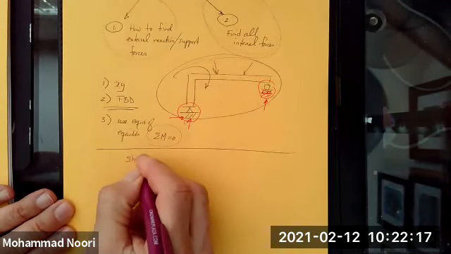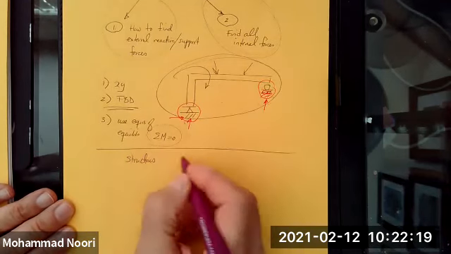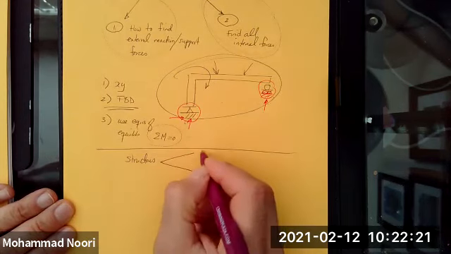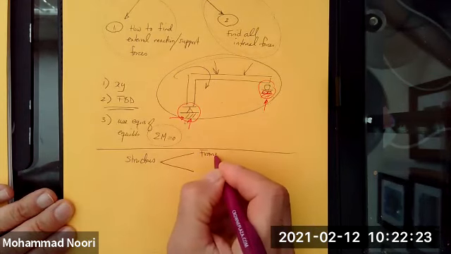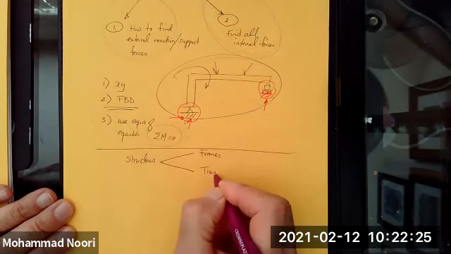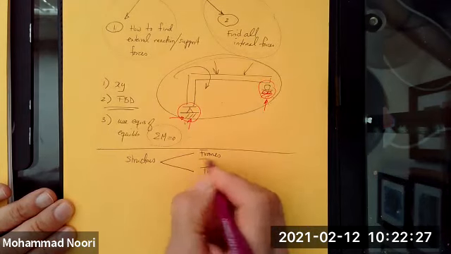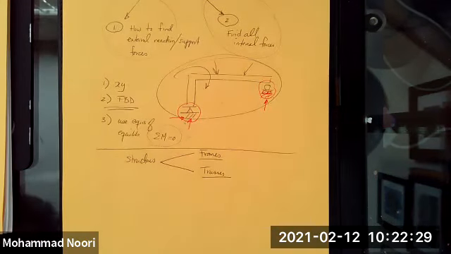So the structures that we consider are two: frames and trusses. And the way we separate these are based on the inherent characteristics of each of these structures, okay?